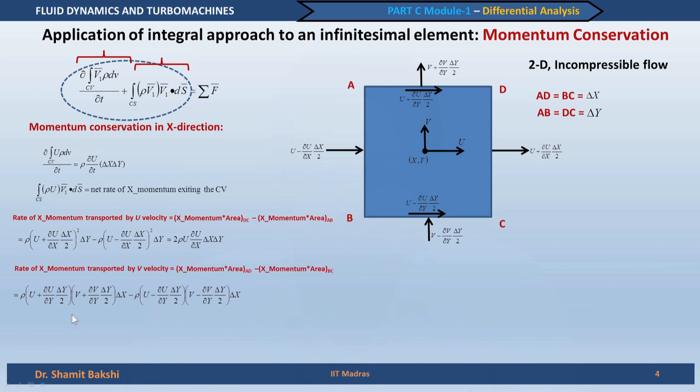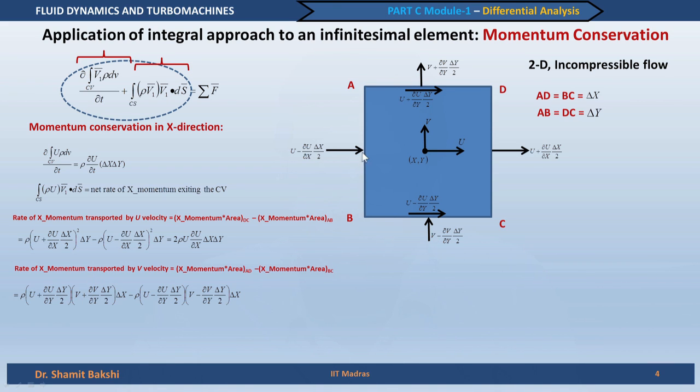So, the expression for the momentum is rho multiplied by the u velocity multiplied by the v component of velocity, because it is transported by the v component of velocity. Similarly, we multiply by delta x because of the area, and then we write the one coming into the control volume, rho multiplied by the u component of velocity multiplied by the v component of velocity into area. So, this is the x momentum, but it is transported by v velocity.